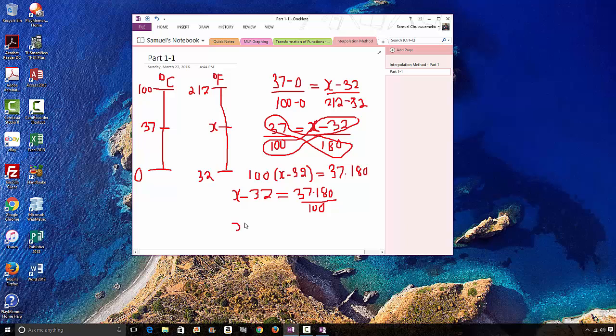So our x will be 37 times 180 divided by 100, and you add 32 to both sides, plus 32. So what does our x give us now? What does it give us?